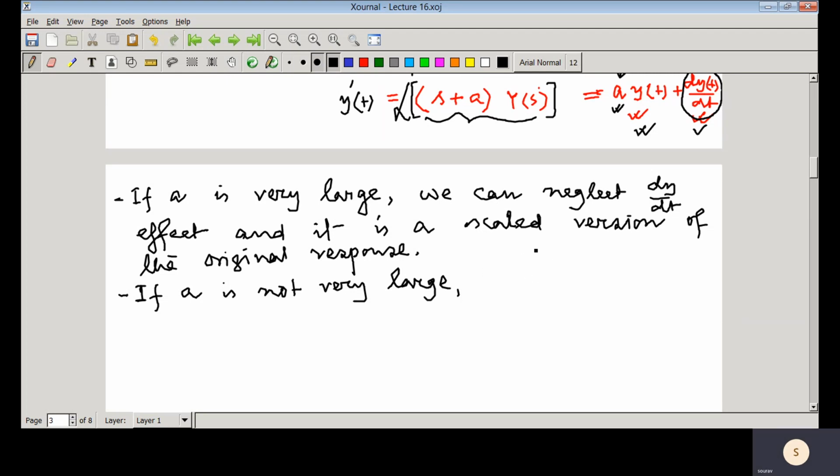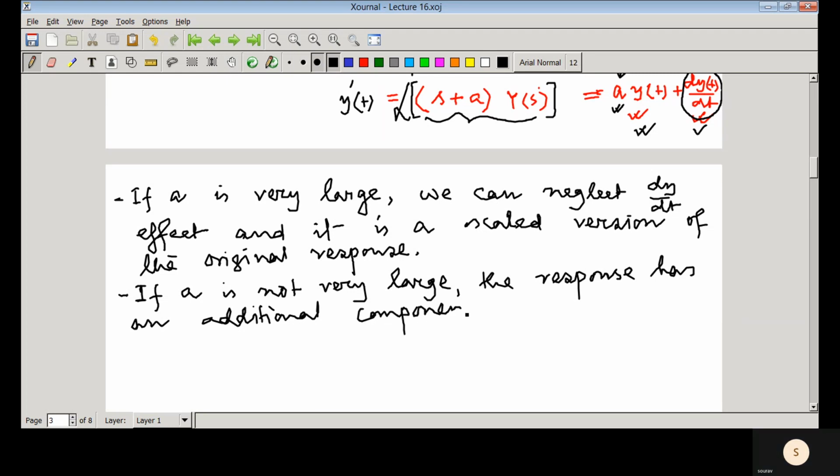The response has an additional component. Typically, when t is very small, dy by dt is positive.